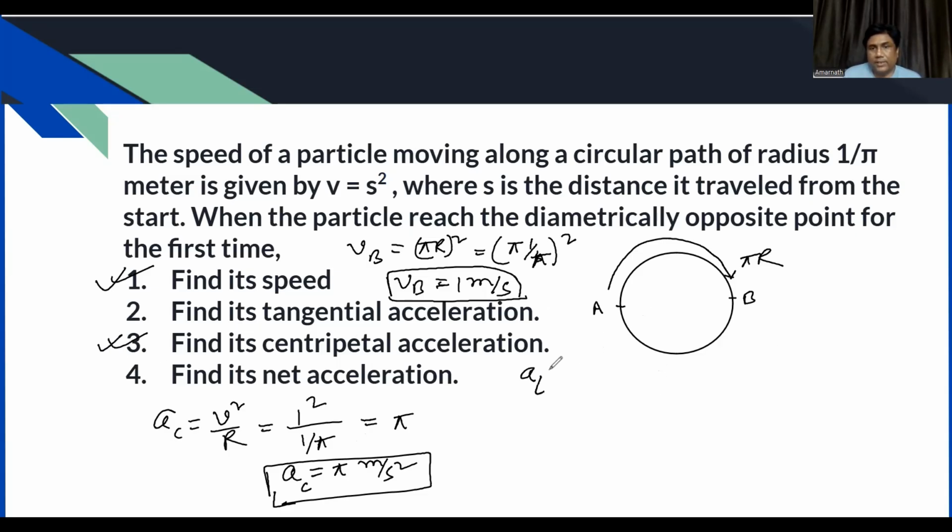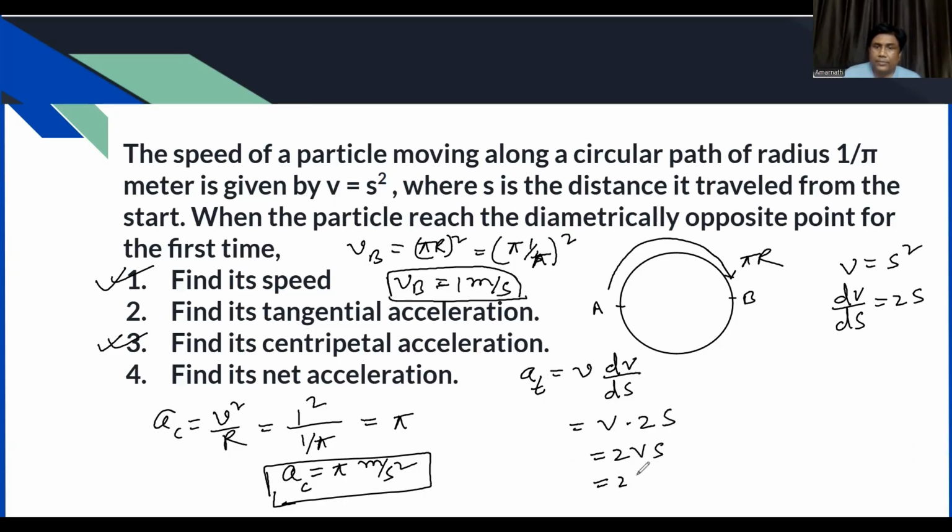Now tangential acceleration is what? Tangential acceleration is v dv by ds, okay? Now you know v equal to s squared. So dv by ds will be 2 into s only, okay? So it means v into 2 into s. So 2vs. Now you can put the value.